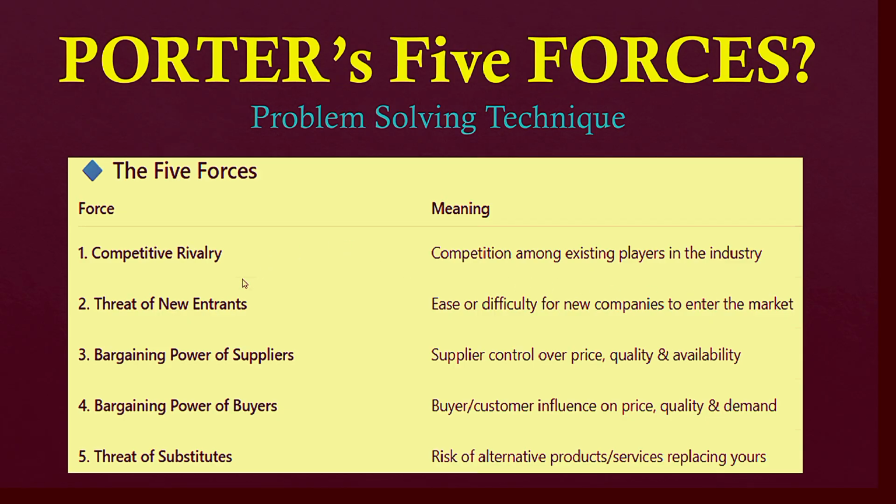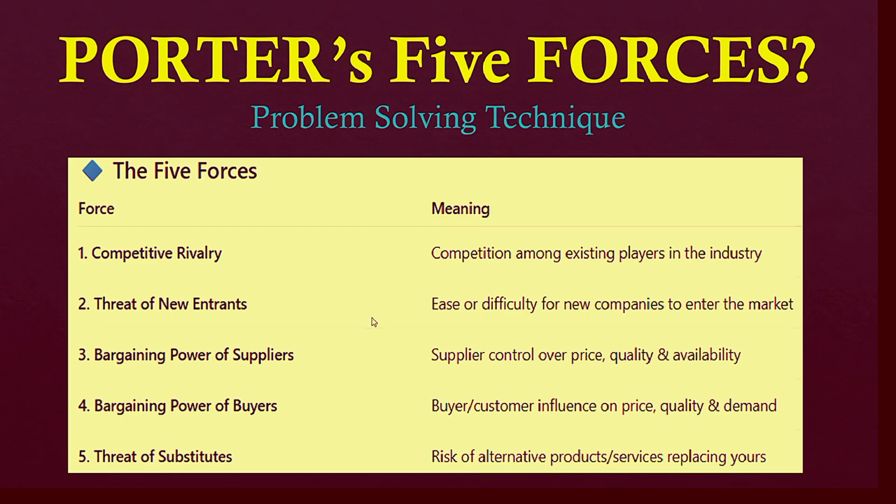The third force is bargaining power of suppliers: supplier control over price, quality, and availability. The fourth force is bargaining power of buyers: customer influence on price, quality, and demand.